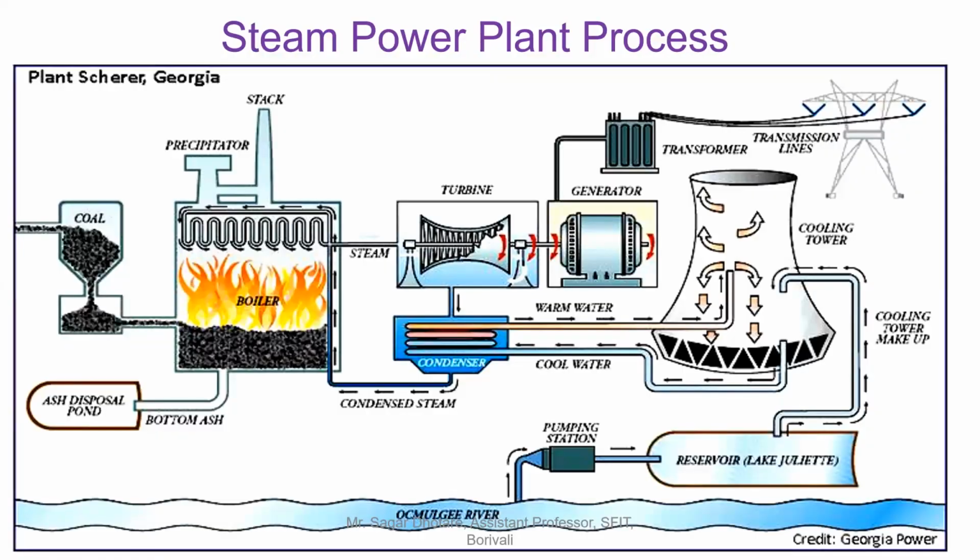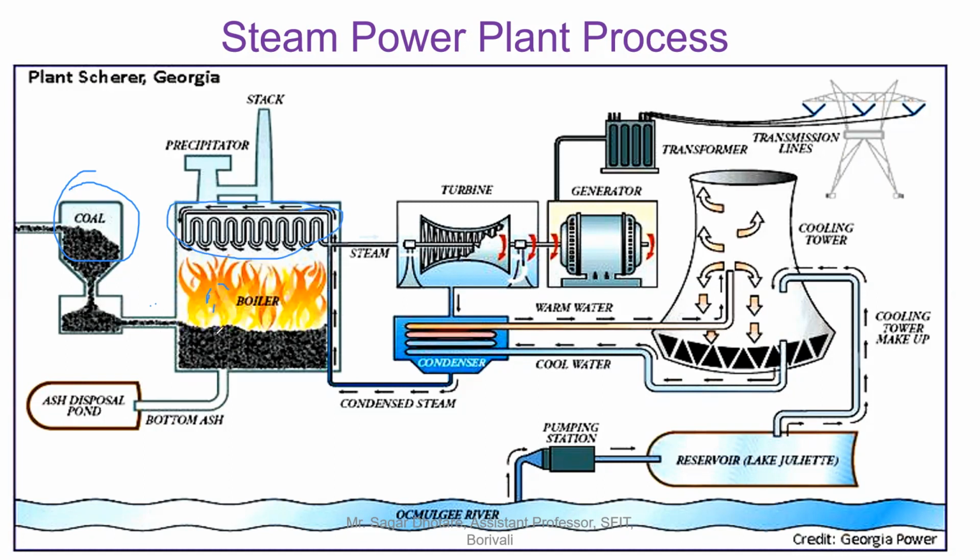This is the basic steam power plant process shown over here. Initially, we are importing the basic coal that is required to give heat energy input to the water in the boiler, which is shown over here.